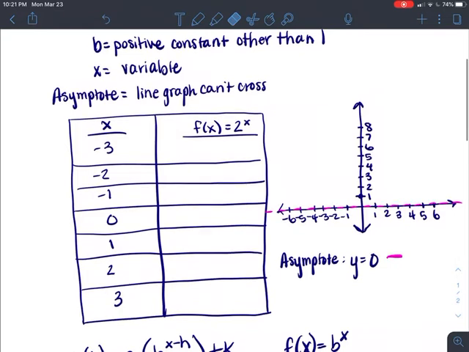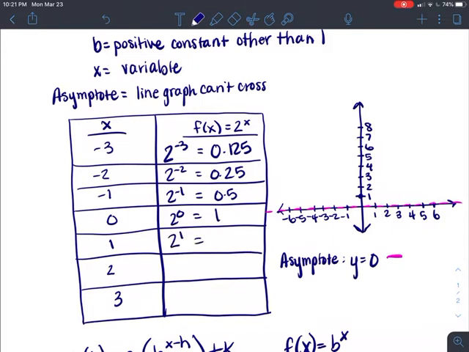So we're going to start by plugging in 2 to the negative third power, which gives us 0.125, okay? 2 to the negative 2 power gives us 0.25. 2 to the negative 1 equals 0.5. 2 to the power of 0 equals 1. 2 to the power of 1 equals 2. 2 to the power of 2 equals 4. And 2 to the power of 3 gives us 8.